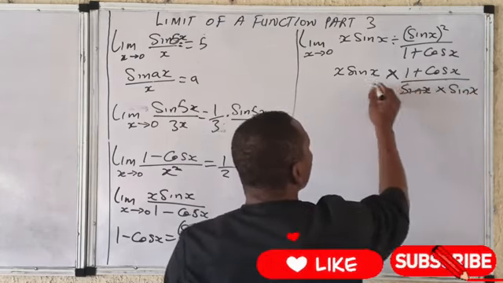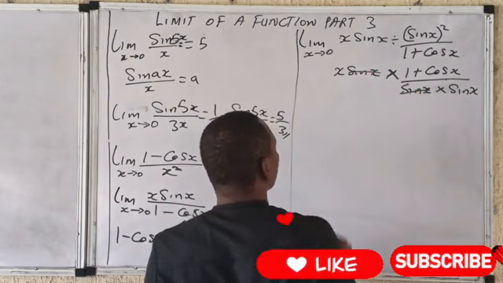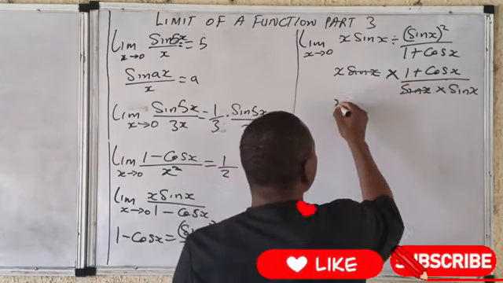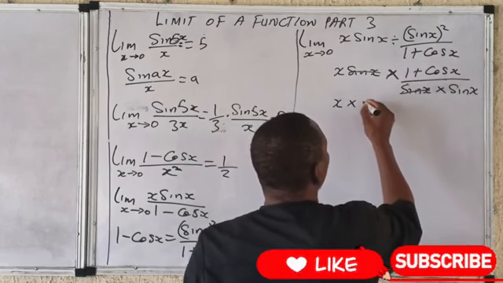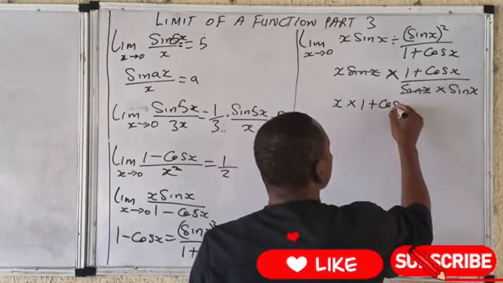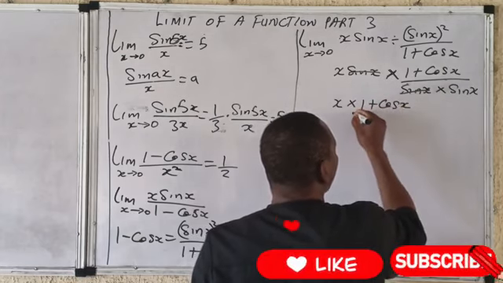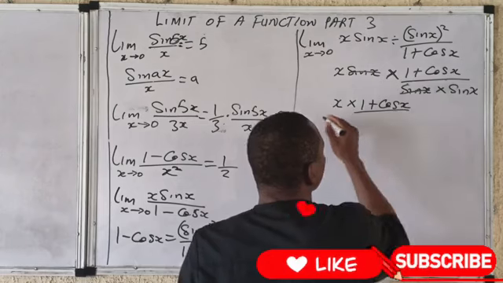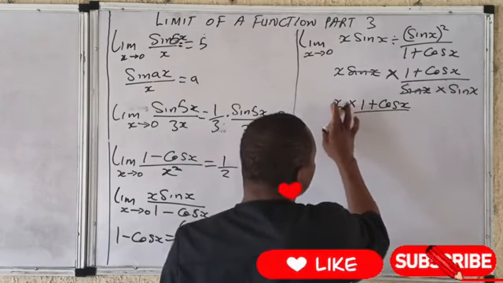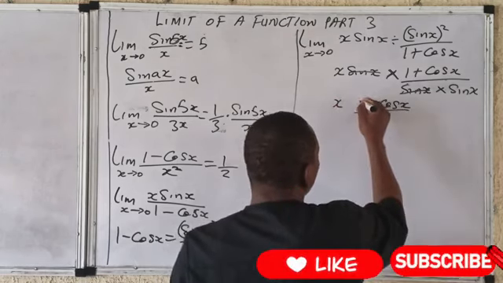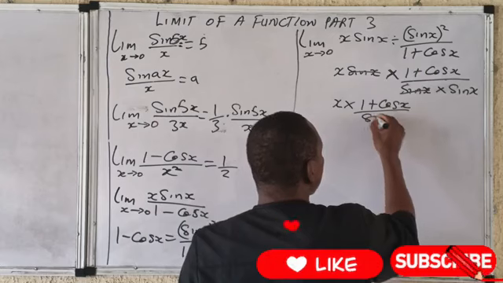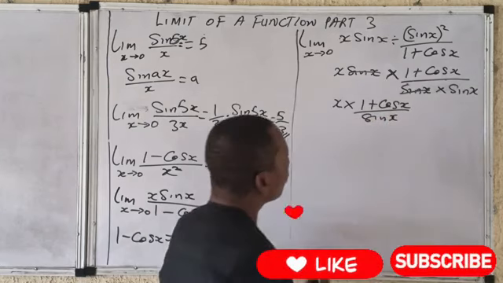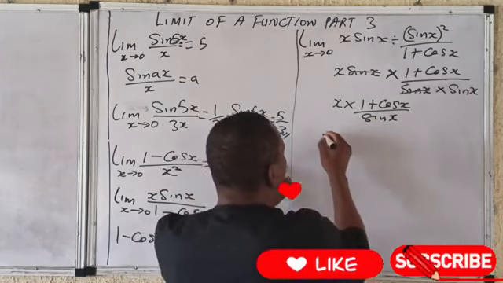So this will cancel out this. So I can rewrite this as x times 1 plus cos x all over sine x. Remember, this is like multiplying everything here, so we can just retain the multiplication, no problem.